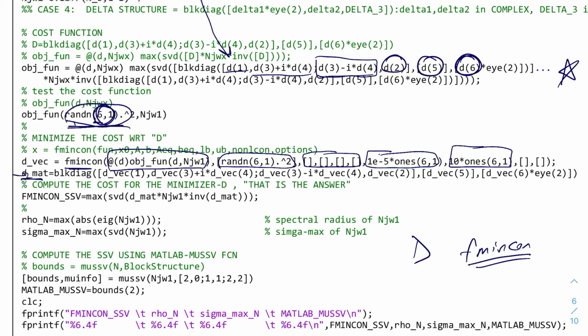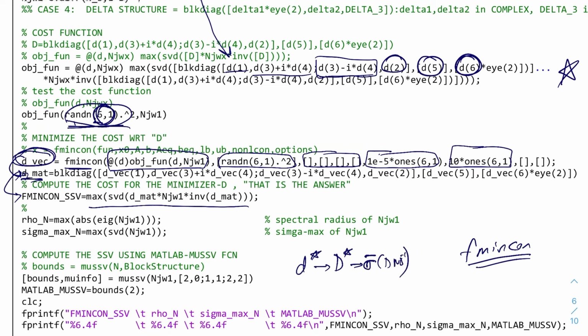Again, FMINCON will give us d star, and then by using this line we will get d matrix star, and then we will get this, right? And again spectral radius and sigma max, and also MATLAB's mu SSV.